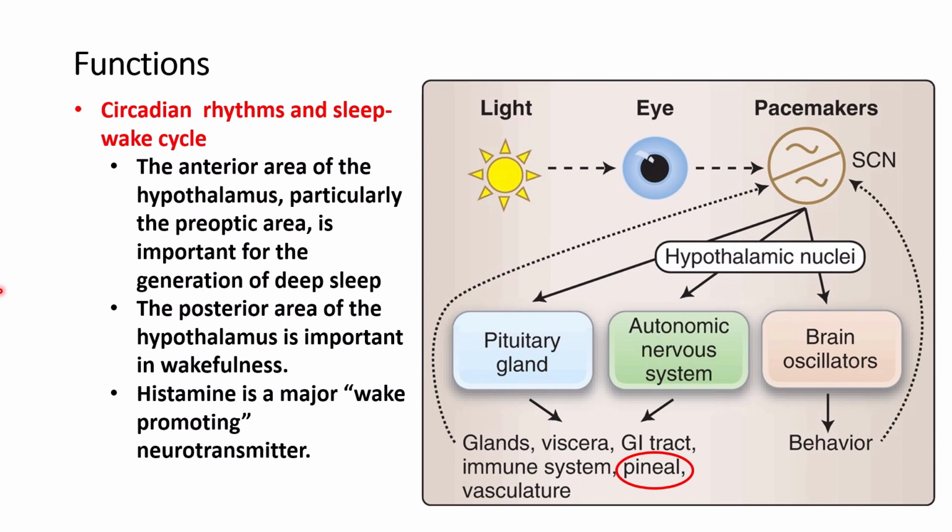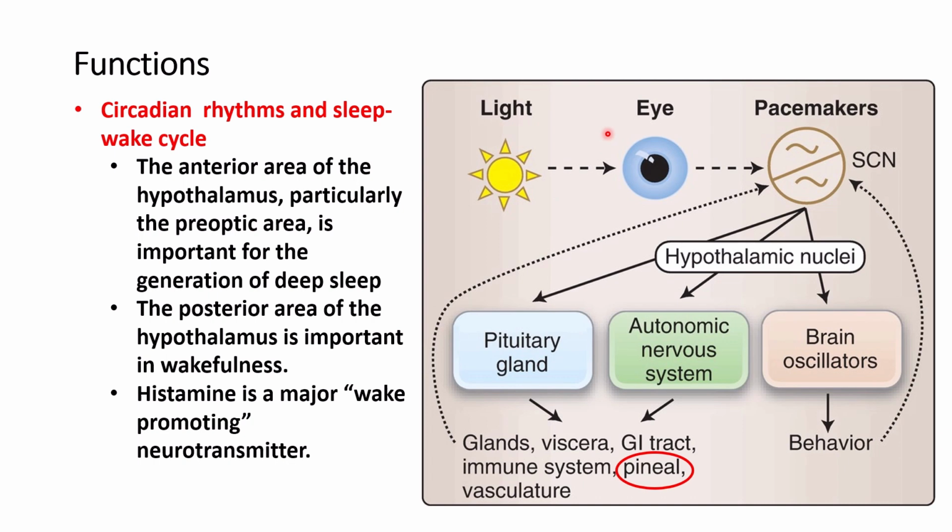For the circadian rhythm, an important part of the hypothalamus is the suprachiasmatic nucleus, which receives signals from the eyes. So the retinohypothalamic pathway is here, and the eyes are processing photons coming from the light.